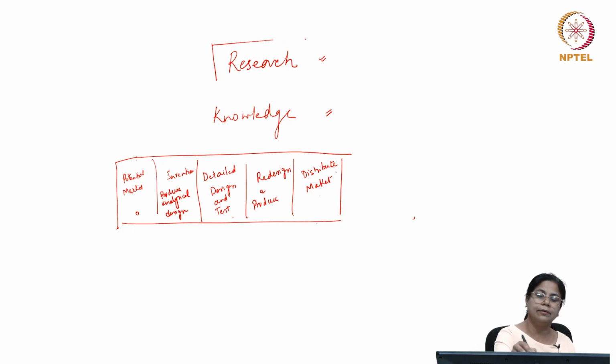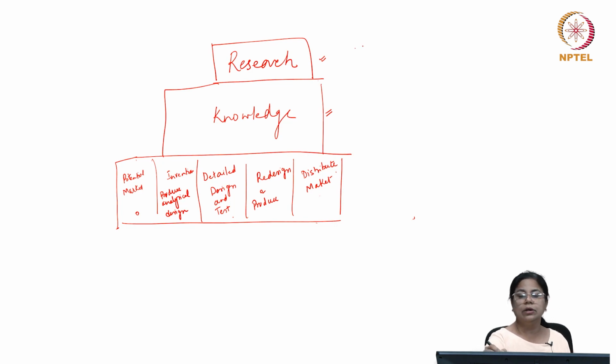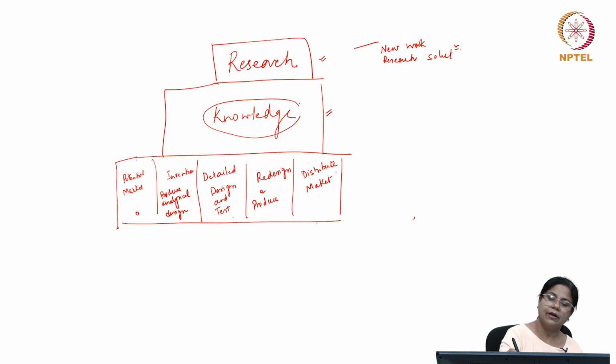Here at the top you had the research, that means to conduct new work or research in order to find a specific solution. In addition, the model also provides for knowledge. The knowledge here essentially refers to the existing state of the art.